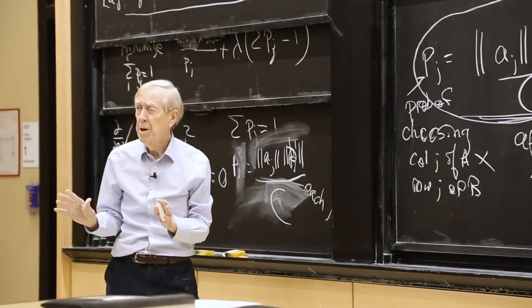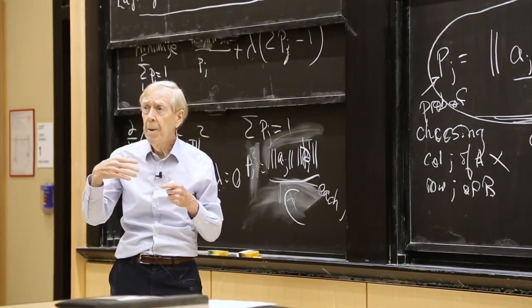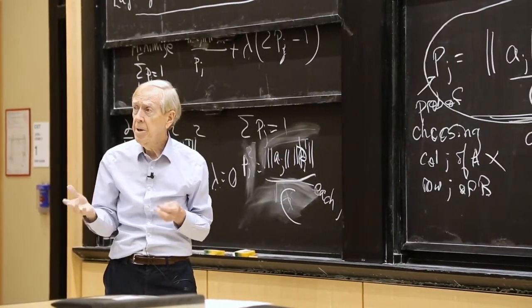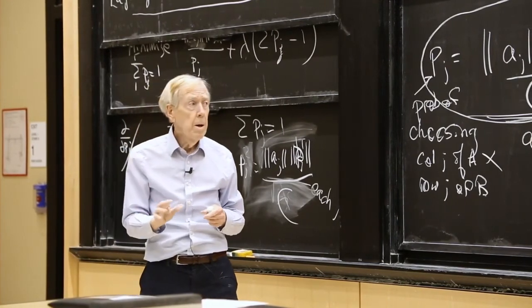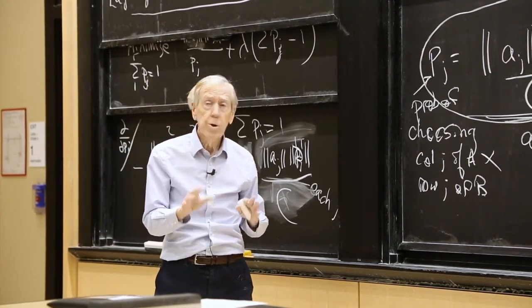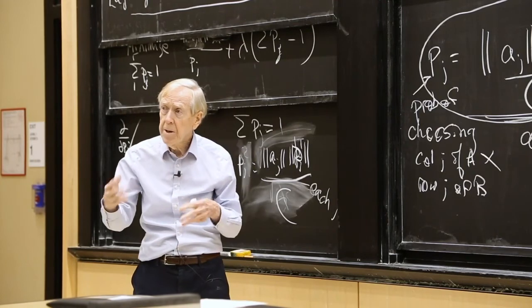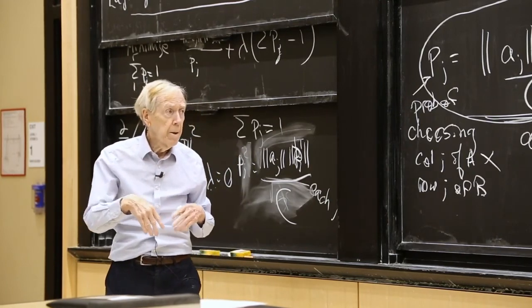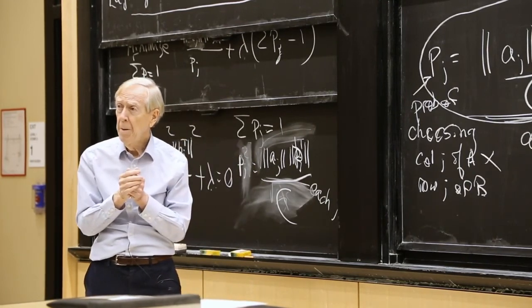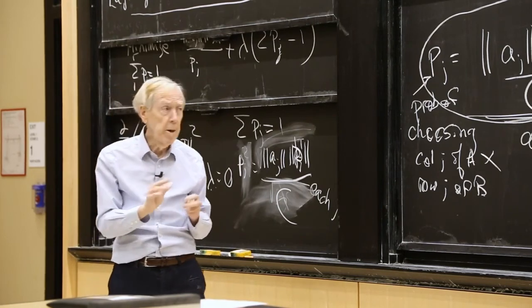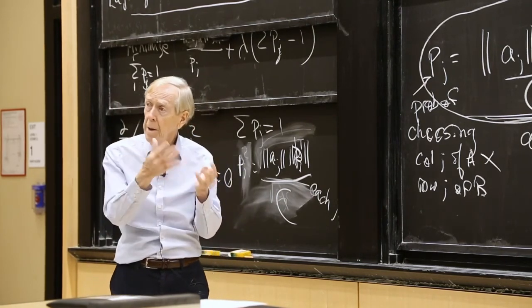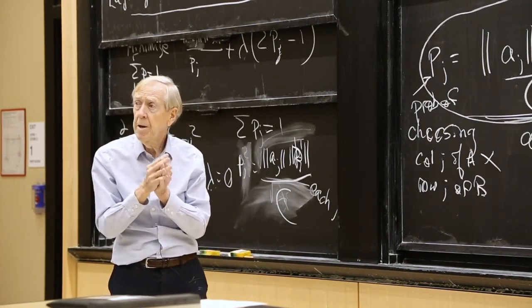But you understand the principle, that we set up a randomized system. We choose probabilities aiming to get the smallest variance. And it turns out that the good probabilities are bigger when the column is a larger column.